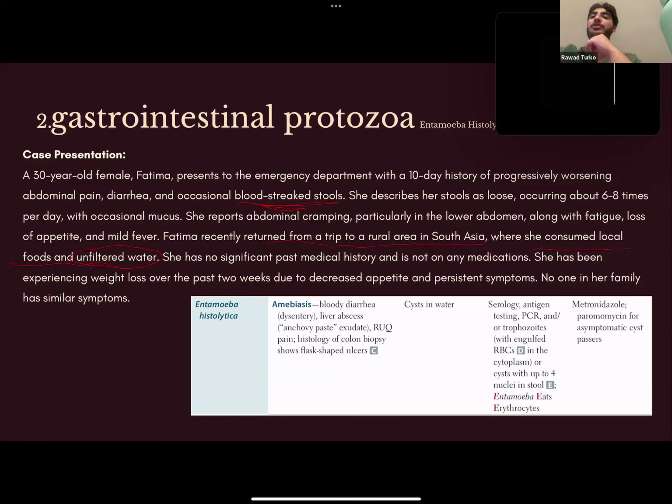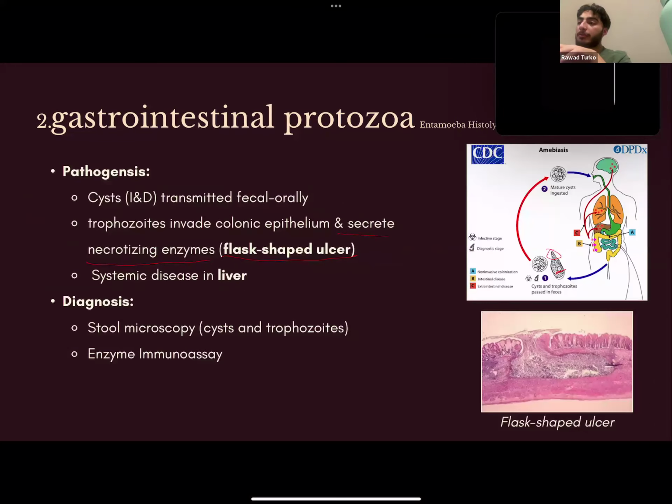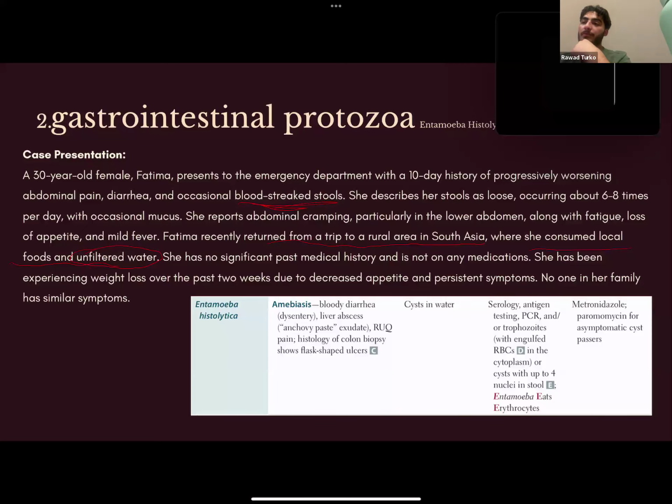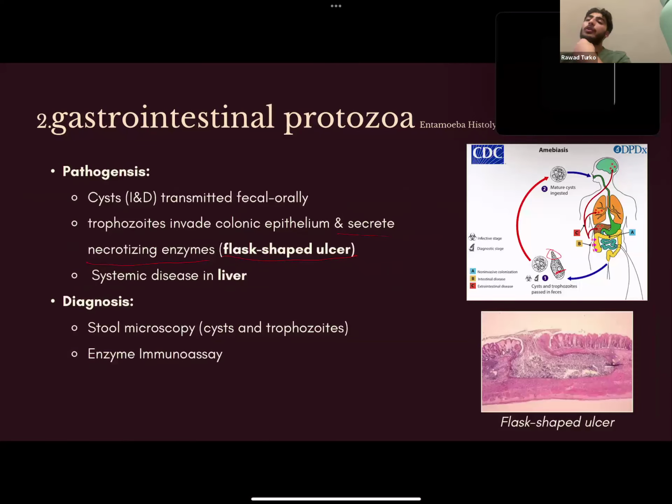Does that make sense so far? Those are the two GI protozoa that you guys took. Do they both have a definitive host, or is there no host? No, both of their hosts are humans. So a definitive host, and a direct life cycle. Again, the only time you should really be focused on the life cycles and whether the parasite has a direct or an indirect one is with the indirect ones.